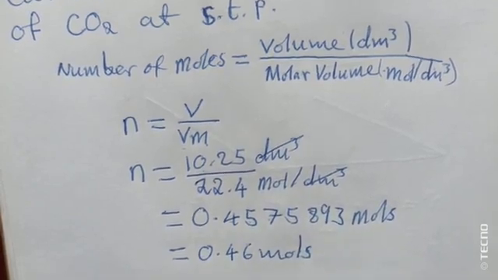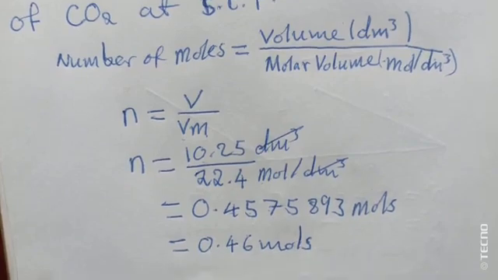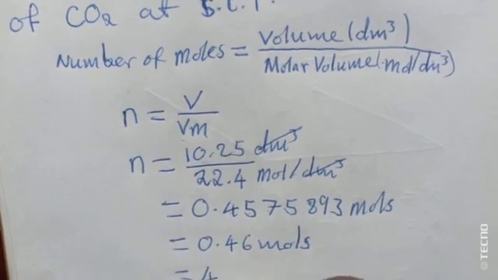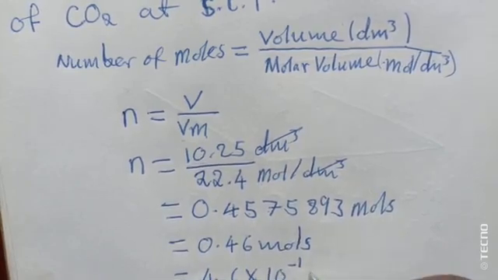This is in 2 decimal places. Then writing these 2 decimal places in scientific notation, you can just move this decimal point to this side, so that it is 4.6 times 10 to the power -1 moles.